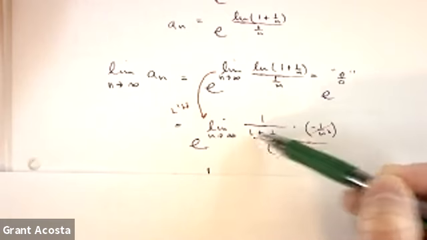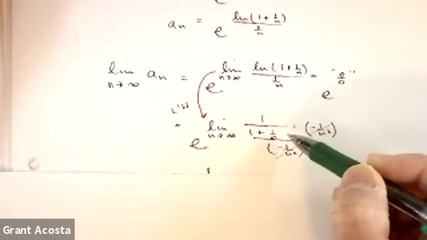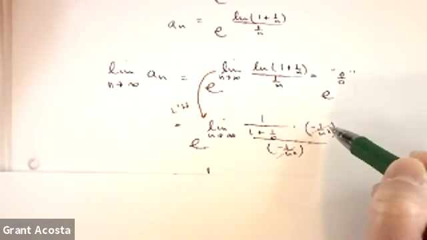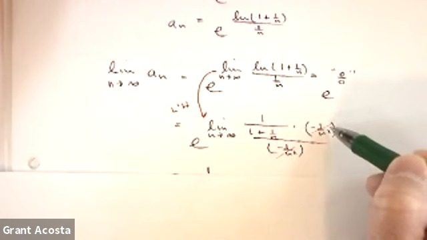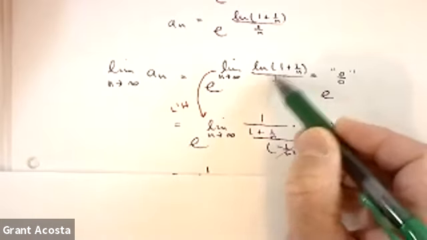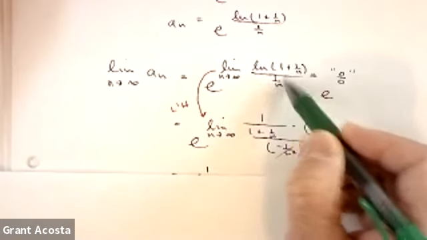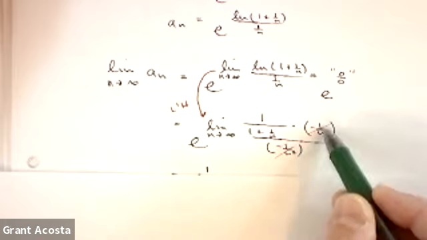Of course, 1 would have a derivative of 0. 1 over n, also known as n to the negative 1, would have a derivative of negative n to the negative 2, which could be rewritten as negative 1 over n squared, which is the exact same derivative as this denominator right here. So these two are going to cancel out.